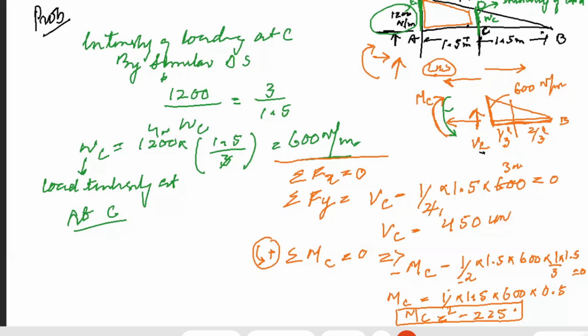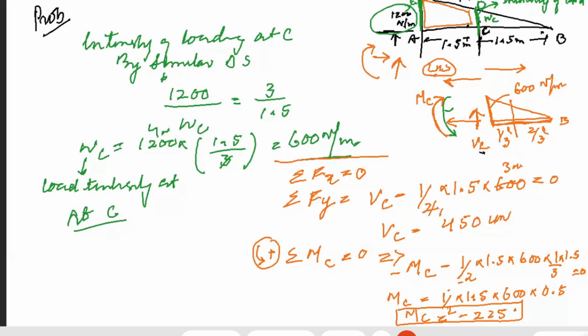draw the shear force diagrams in any of the beams, whether simply supported or cantilever, and we see that the shear force and the bending moment vary along the length or along the span of the beam. We need to check how the shear force or bending moment diagram looks throughout the section of the beam.